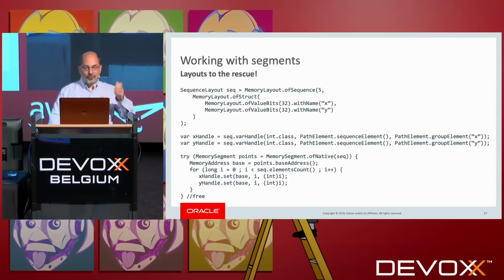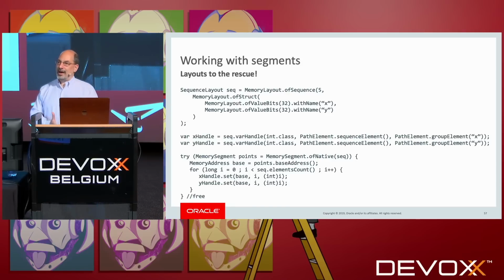That gives me a var handle for all the x's, and I'm doing it by name, not by offset. And I have a var handle to give me all the y's, also by name rather than offset. The code at the bottom is pretty much the same as before, but I've derived all of my offsets and strides from the symbolic description. So this should be more readable, less brittle, and less error prone.